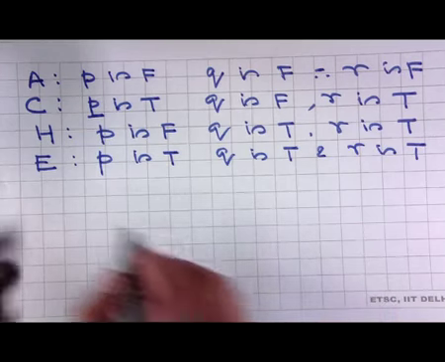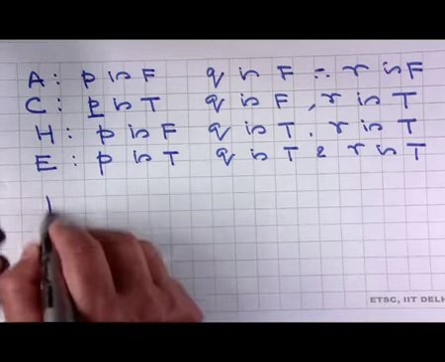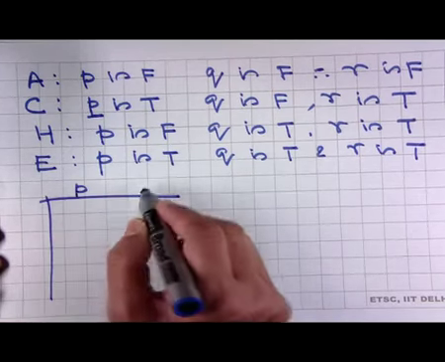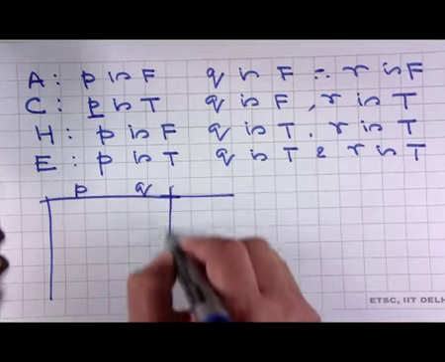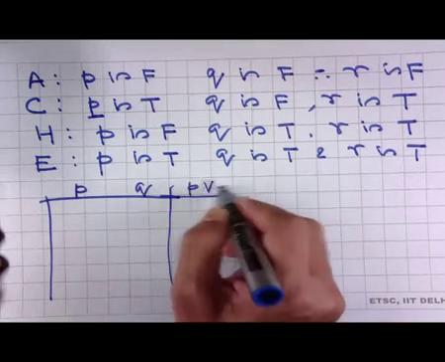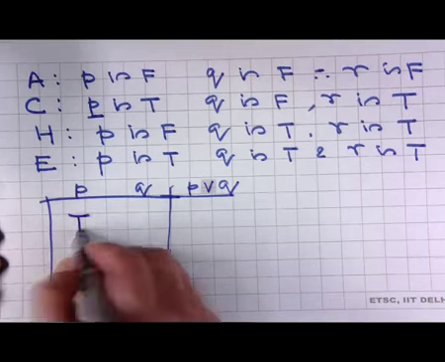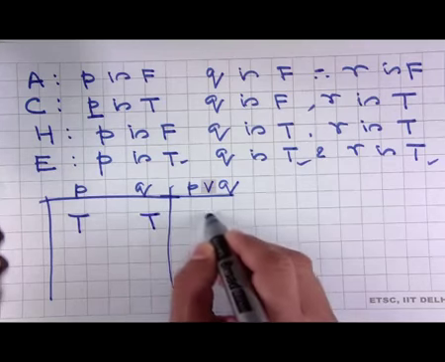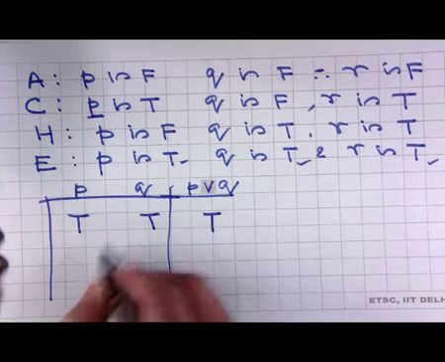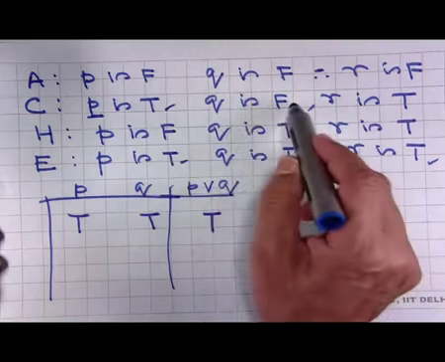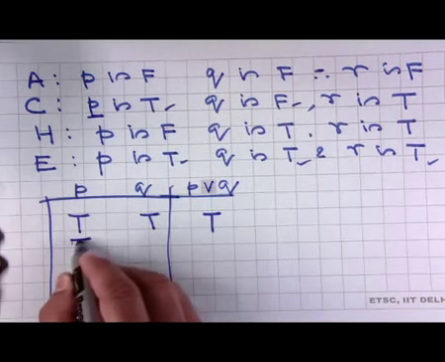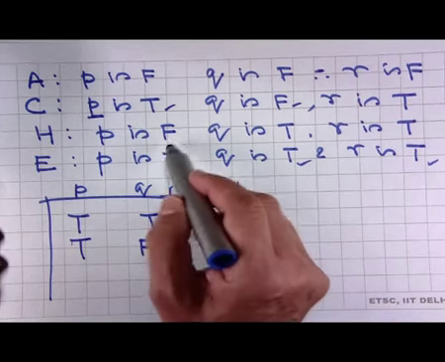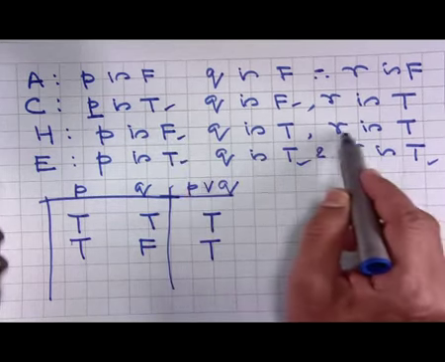Therefore, what we can see in the truth table, if P is true and Q is true, then R is true. If P is true, but Q is false, still R is true. If P is false, but Q is true, then R is true.